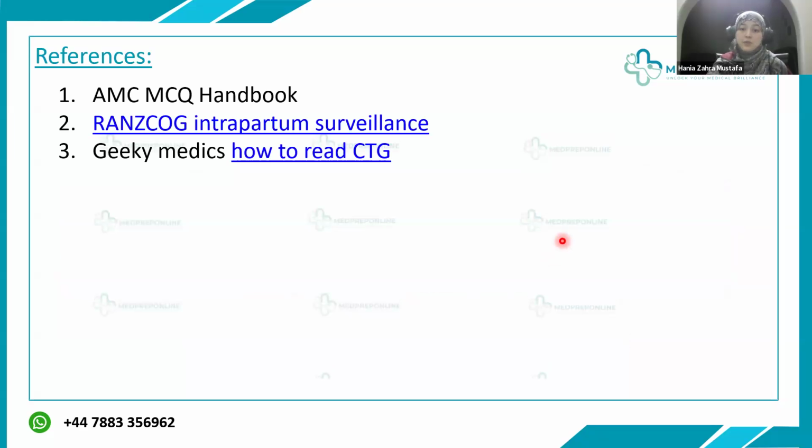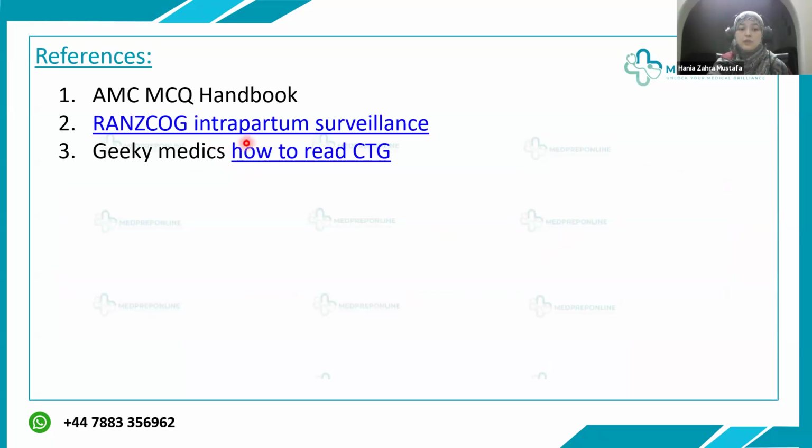Okay, the reference I used for today's class was your very famous AMC handbook, and I would definitely recommend you guys to go through those X-rays and ECGs from your handbook, so that when you go through the cases, it will be very easy for you to pick.